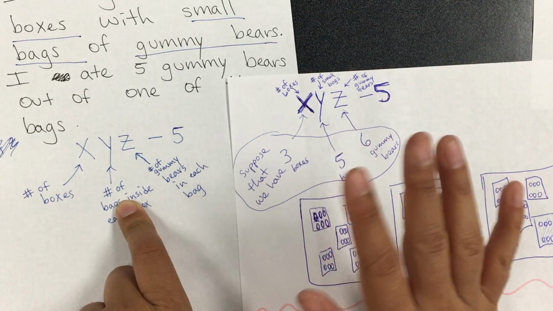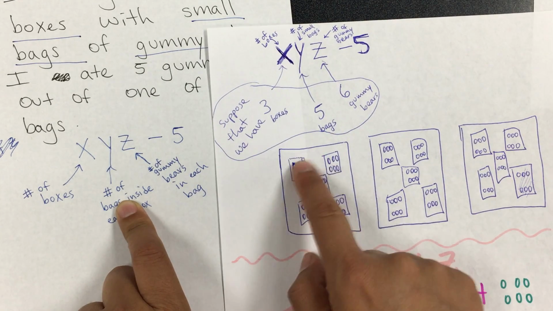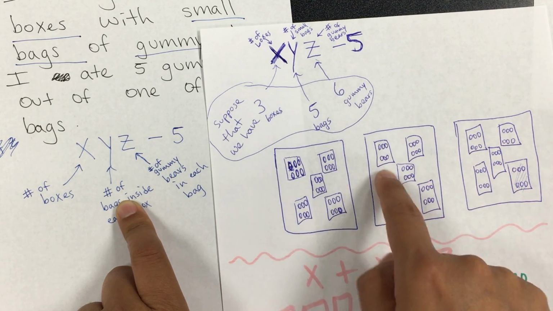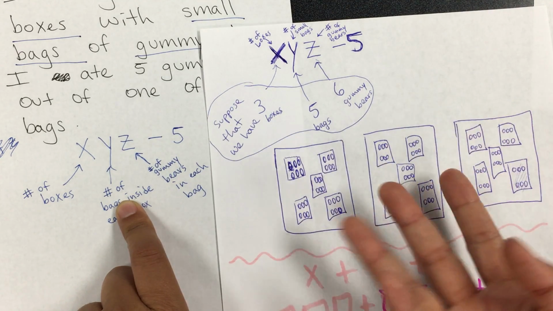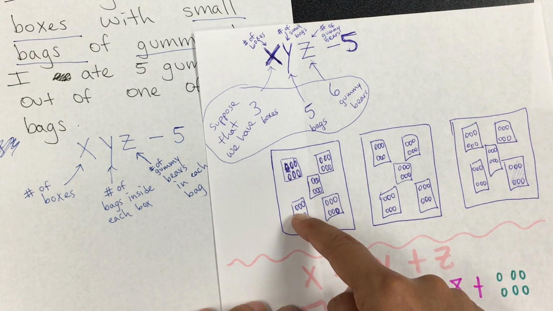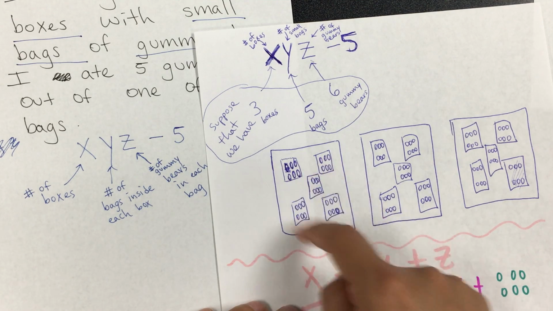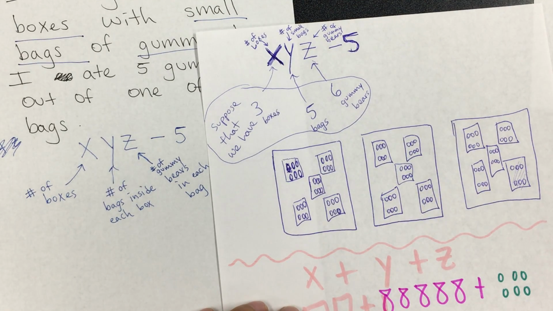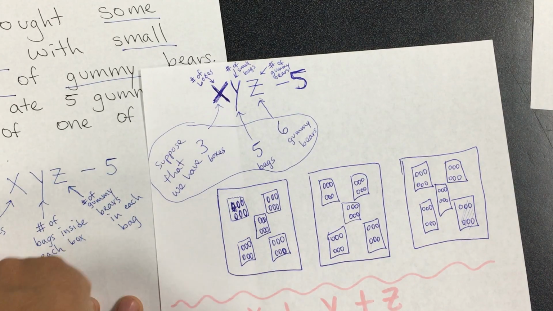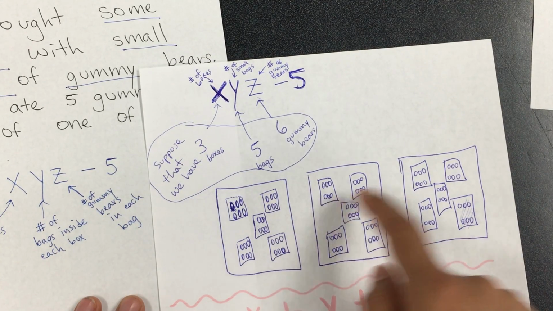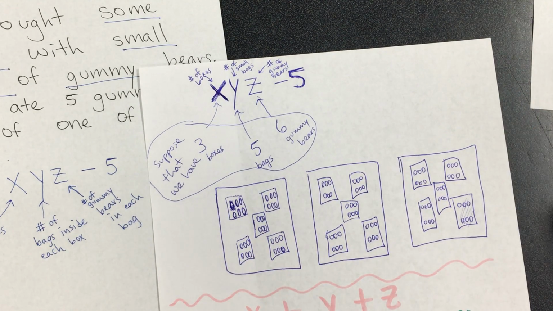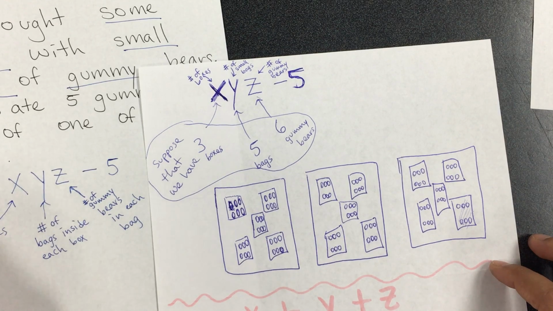Okay, in reality we don't know, but I drew the 5 bags inside of each box. Okay, so 5, 5, 5. And if you think about it, if I have 3 boxes multiplied by the 5 bags, that gives me 15 bags. So that makes sense, right? That we're multiplying and not adding. Because if you add 3 boxes plus 5 bags gives me a total of 8. 8 what? So it doesn't make sense to add.